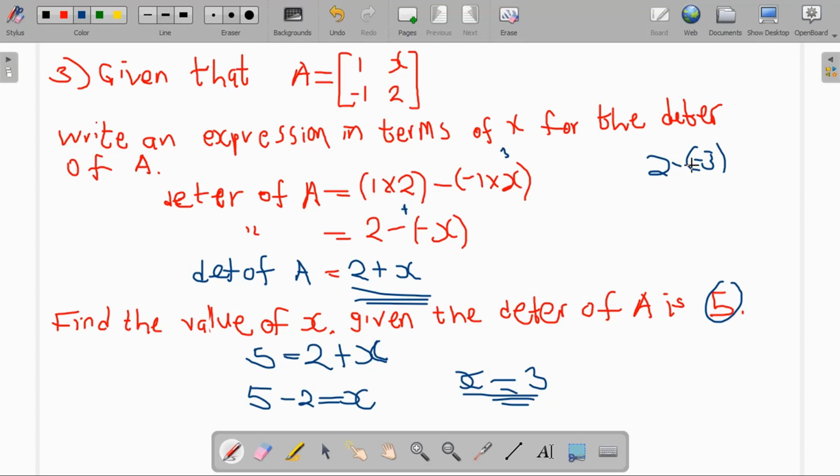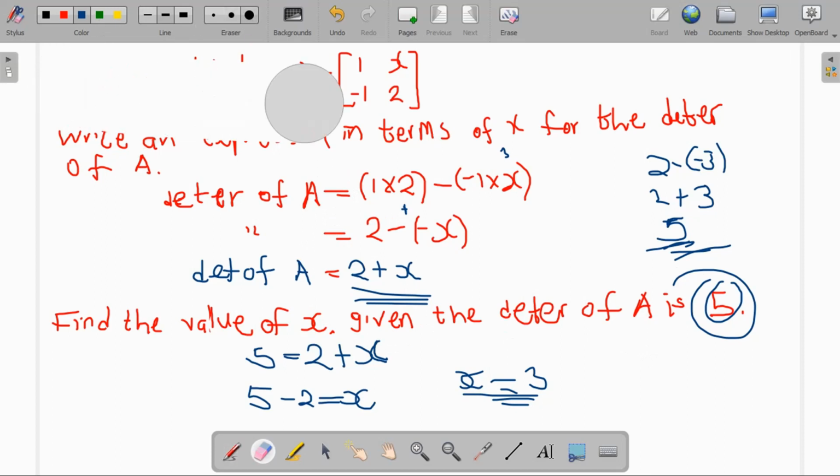Negative and negative is positive, so it will be 2 plus 3, which gives us a 5. Which simply means that it's correct. This is the 5, the determinant here. So that's how we find the determinant.